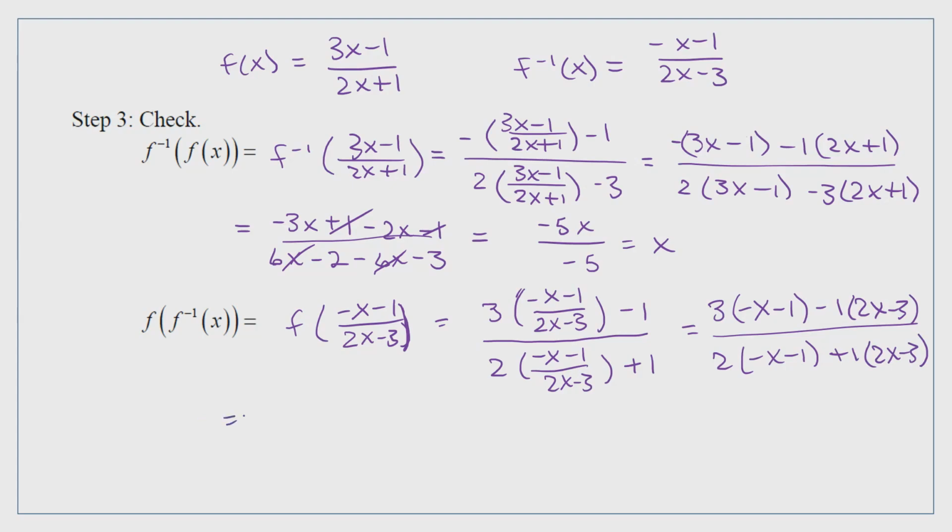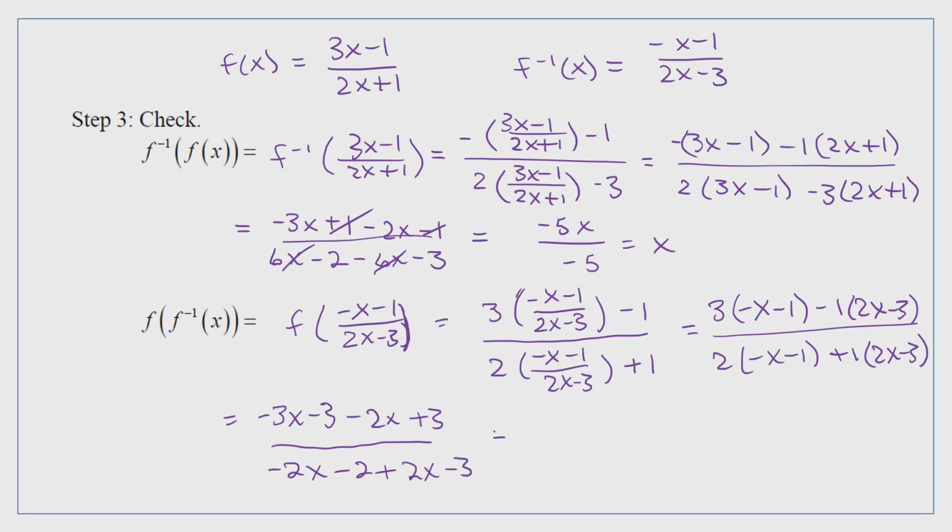So I'll simplify. So I have negative 3x minus 3 minus 2x plus 3 divided by negative 2x minus 2 plus 2x minus 3.